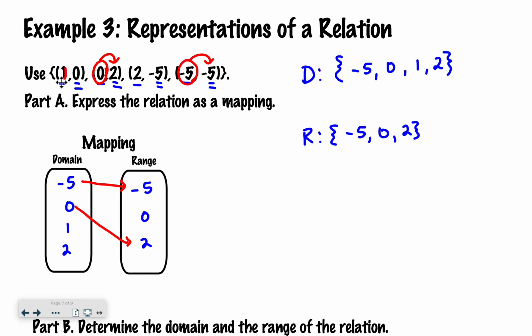Then my 1 is paired with a 0, so I draw an arrow from the 1 to the 0. And then my last domain is 2, and it's paired with a -5, so I draw an arrow up to my -5. And that's all that you have to do for a mapping. You list your domain, you list your range, and then you draw arrows connecting the different numbers to each other.